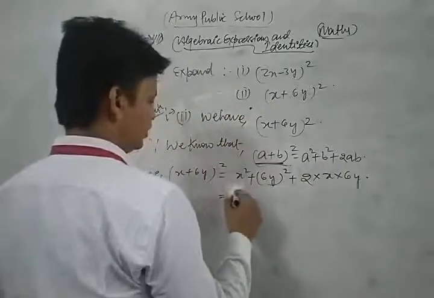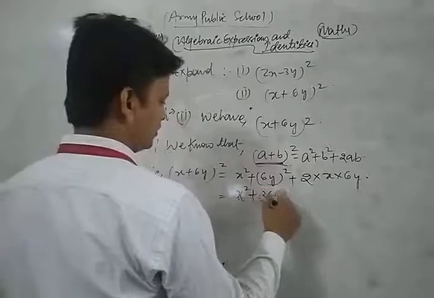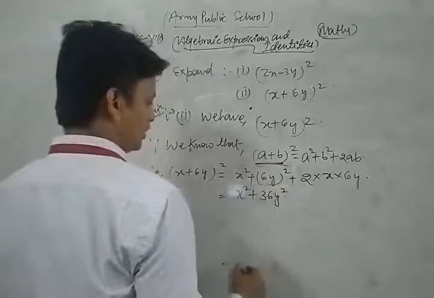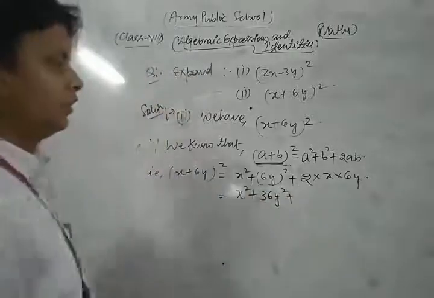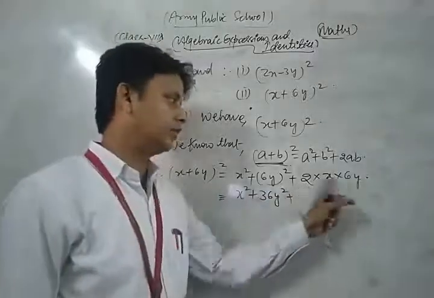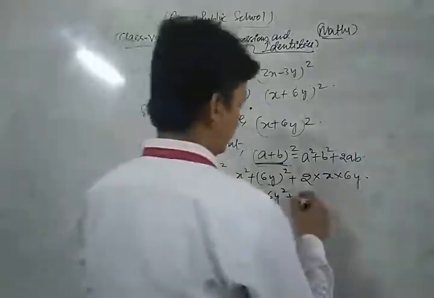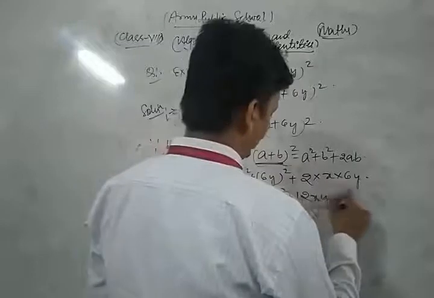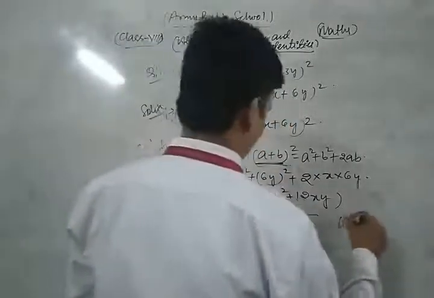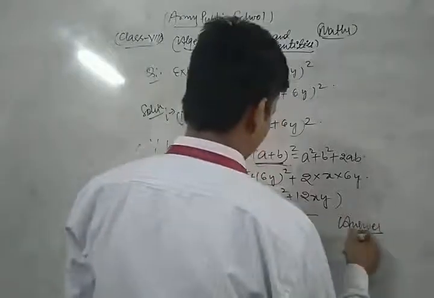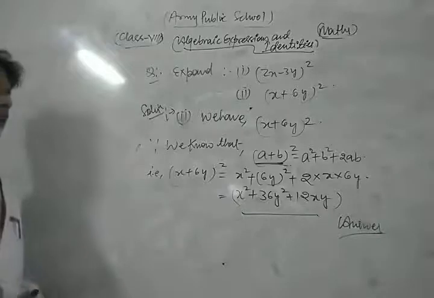So look, a square plus b square means 6 squared is 36, so 36y square, plus 2xy times 6, which is 12xy. Now we multiply only the constant terms. So this is the required solution of the given question.